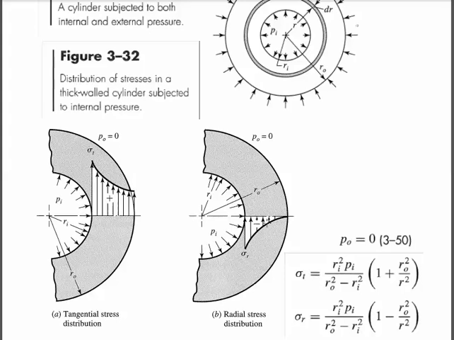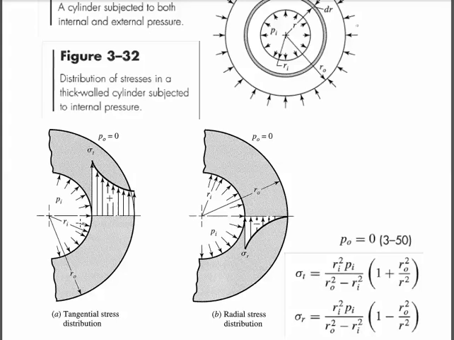The radial direction stresses would tell us that the radial stress at the inner fiber is the internal pressure. This isn't showing any external pressure, it's showing it equal to 0, but the radial stress at the outer fiber would be the external pressure, and then this would just blend in smoothly in an interesting way.